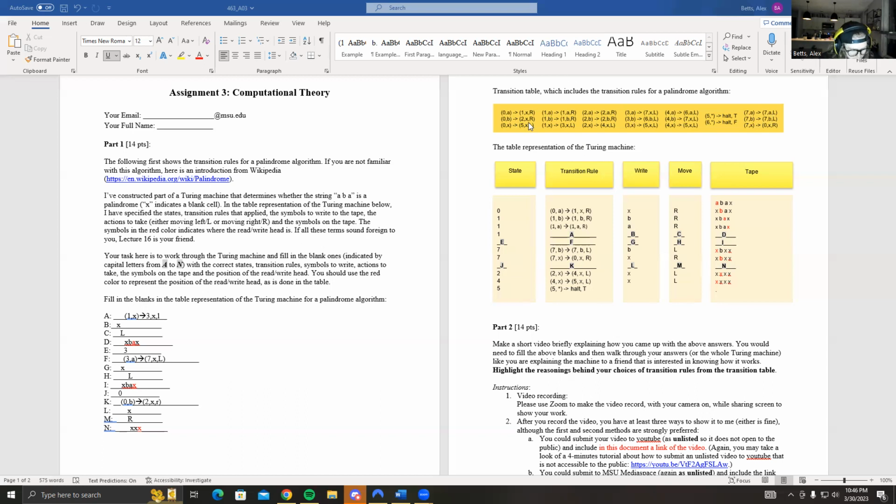0B gets us 2XR, so that means we are going to write X and move right. For N, that gives us XX. It's going to give us 4 X's.